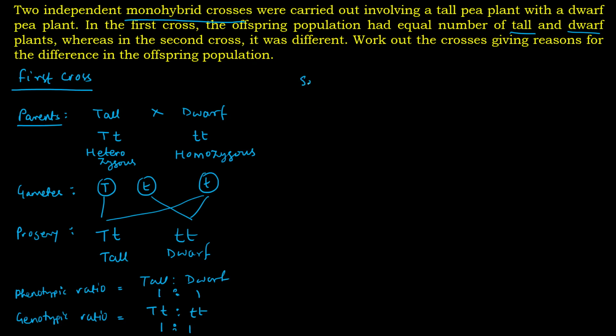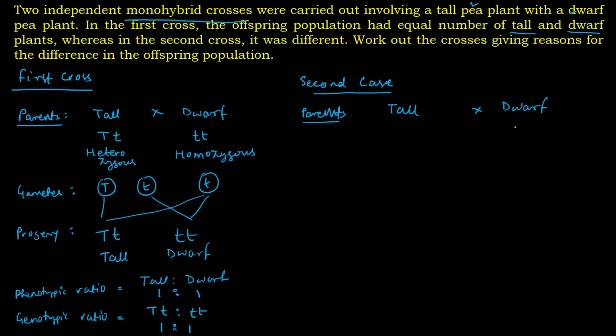Now the second case. In the second case also tall plants and dwarf plants are there. So in the second case also the parents are going to be the tall crossed with dwarf.